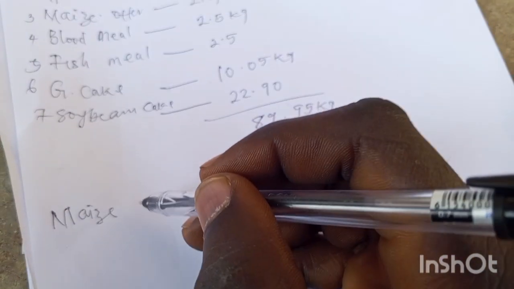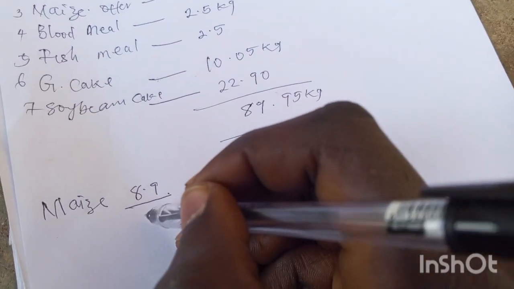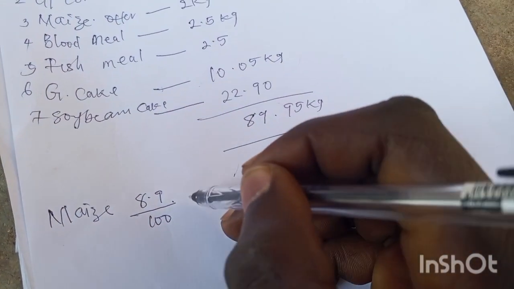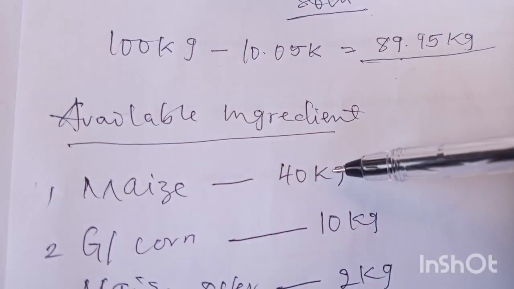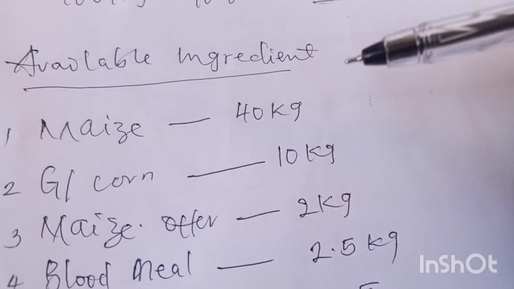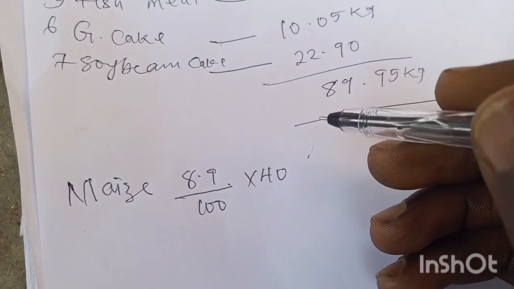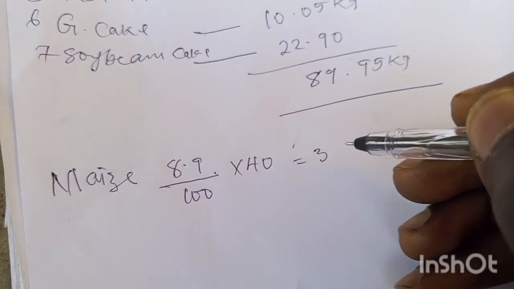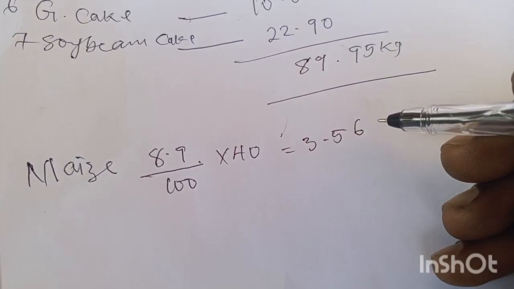So the CP for maize is 8.9, based on what I'm having here. I believe you have it also there, times 40, which is the given value here. So it's equal to what? 3.56.